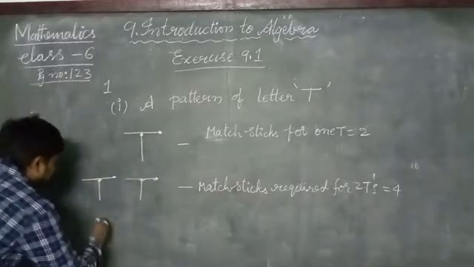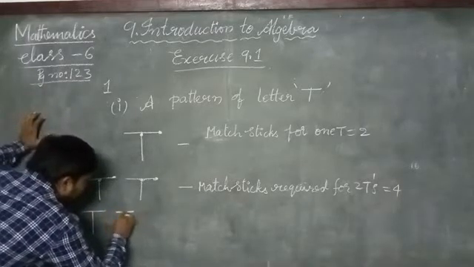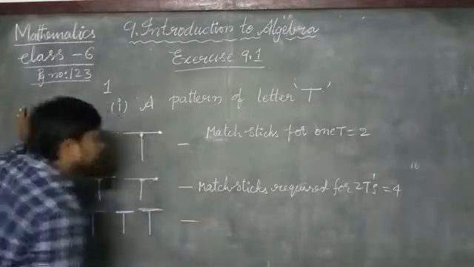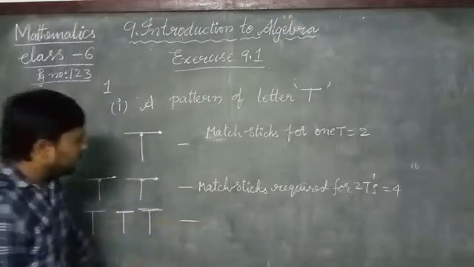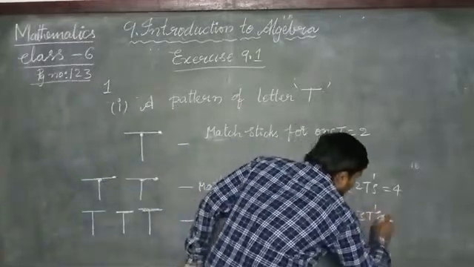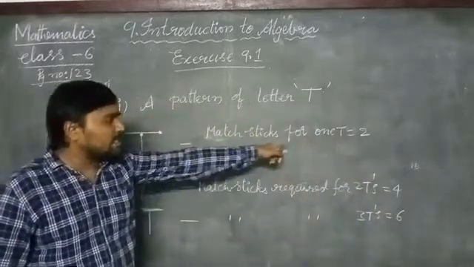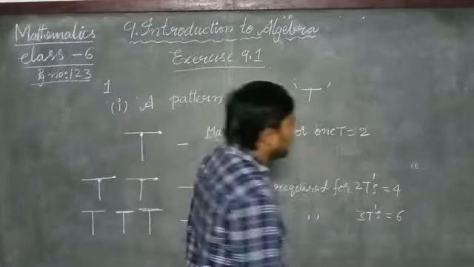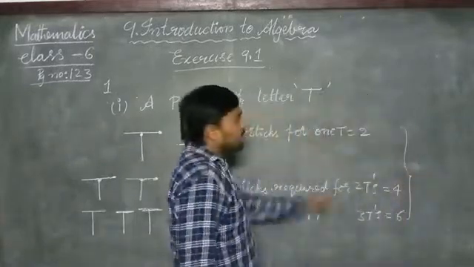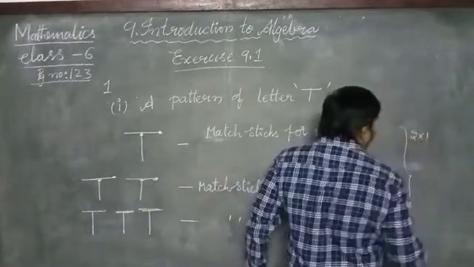Okay, suppose if you see 3 T's, how many matchsticks we should use? We have to use 6 matchsticks. For 3 T's, 6 matchsticks. Okay, if you observe the count of matchsticks, here we can write it in the form of 2 into 1.